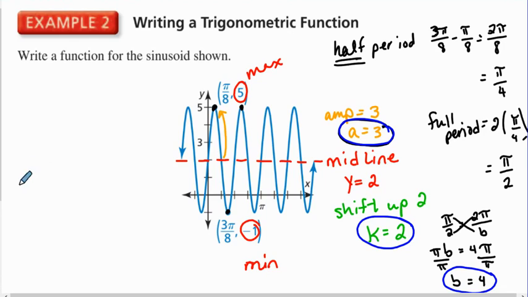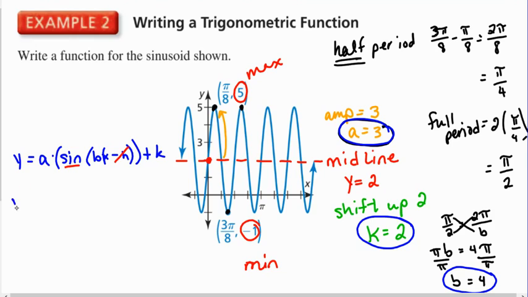So when we write our function, instead of y equals a times the sine of bx minus h plus k, I don't need this minus h, right? Because I'm starting at the midline and going up. So that's a perfect sine function. But I do need everything else.